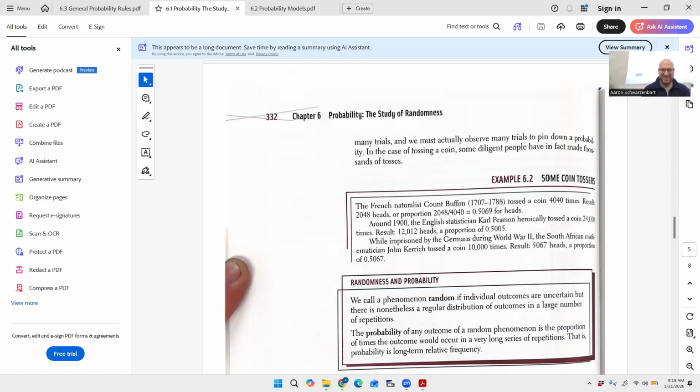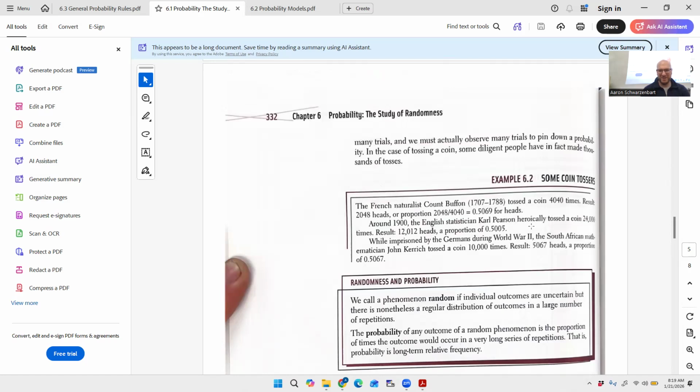I just laugh at that. He got 12,012 heads, or 0.5005. And while imprisoned by the Germans in World War II, South African mathematician John Carrick tossed a coin 10,000 times, getting 5,067. So I think you should choose heads because it's just slightly higher than 50% on all of these. This is real.